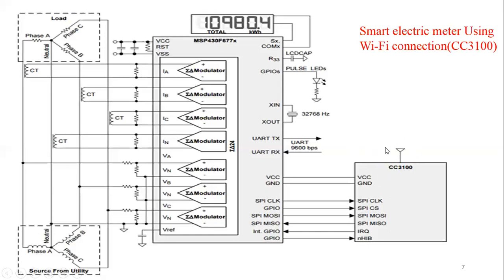The Wi-Fi module is called CC3100, which is available within our 6th generation module, that is, on-chip is available. So within the single chip we have the Wi-Fi module. What a Wi-Fi module is, we'll discuss later.